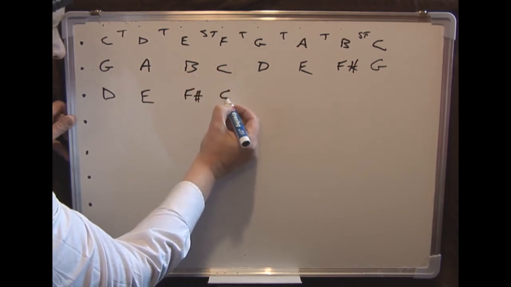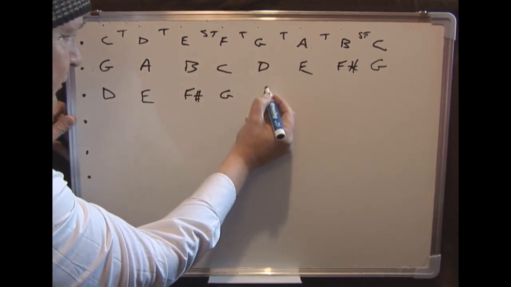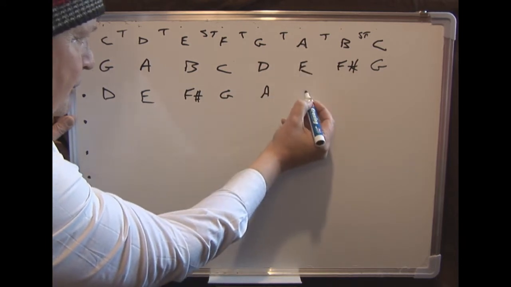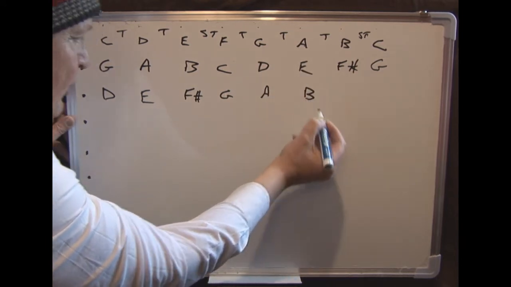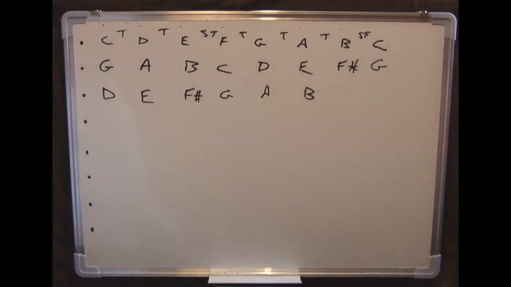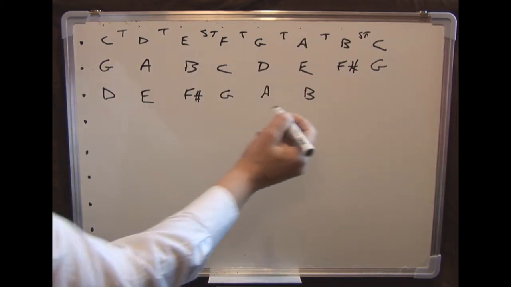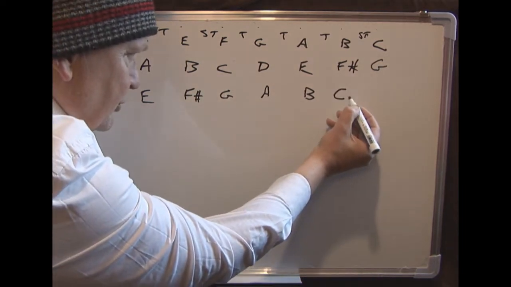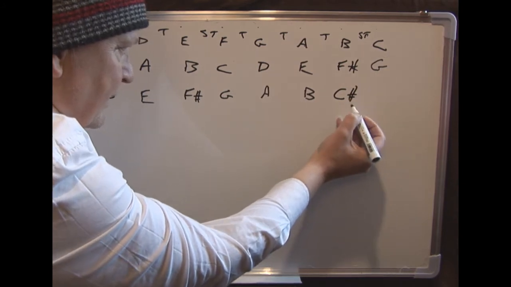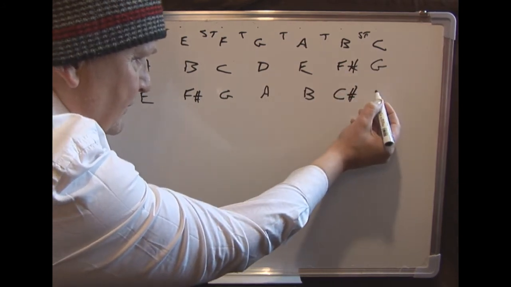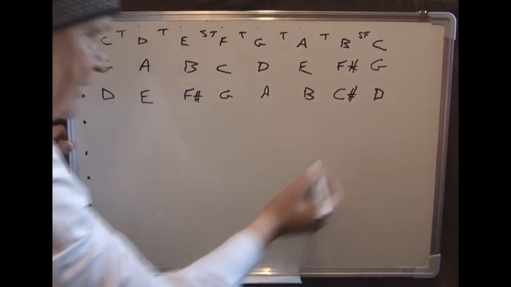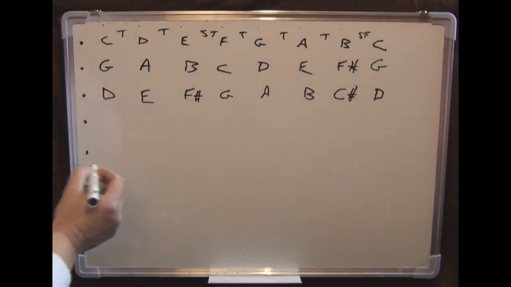Semitone, G, a tone takes us to A. Another tone will take us to B. We now want to go up a tone above B. Well, B and C are a semitone apart. We want to go up a tone, not a semitone, so that takes us to a C sharp. And of course a semitone above C sharp takes us back to our tonic note.